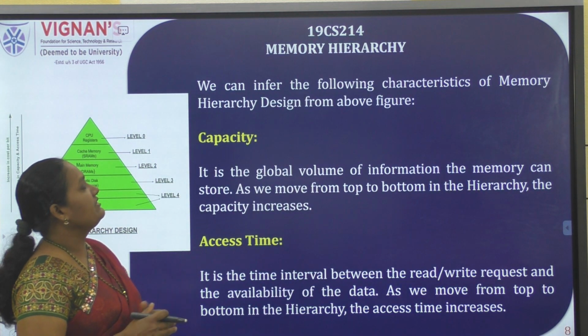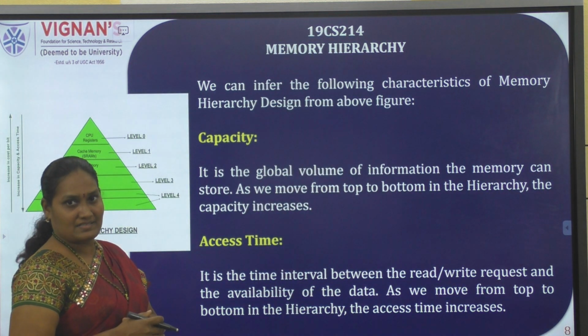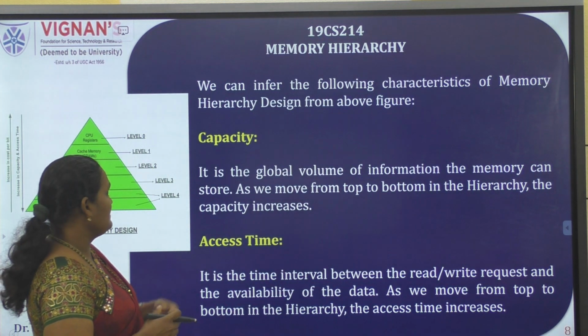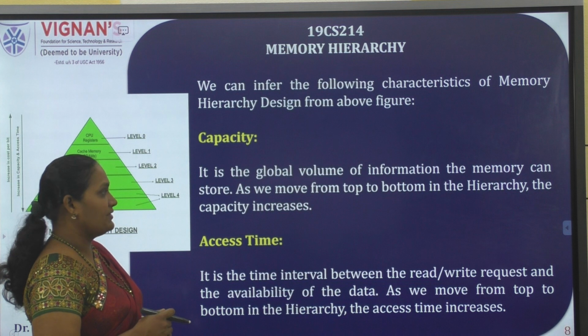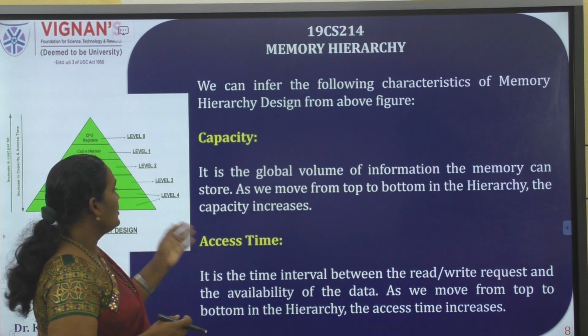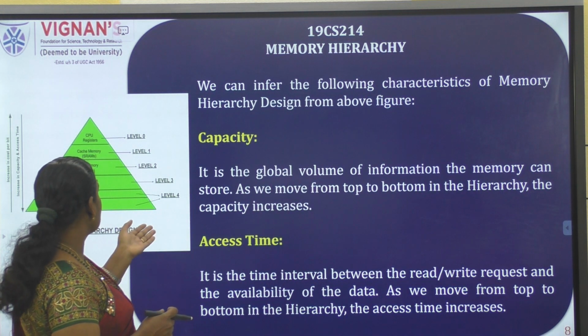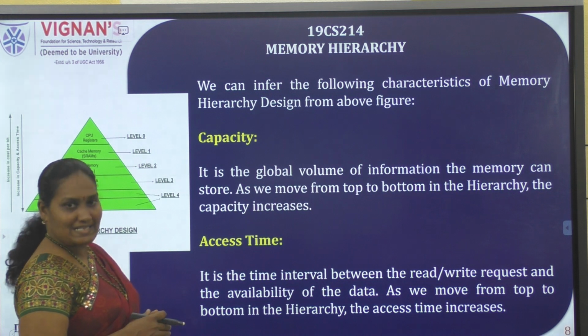Now, we explained the hierarchy based on various factors. Now I am going to elaborate on those factors. The first factor is capacity. Capacity is the volume of information that we can store in those memory devices. Capacity increases from top to bottom. Coming to access time, what is access time?